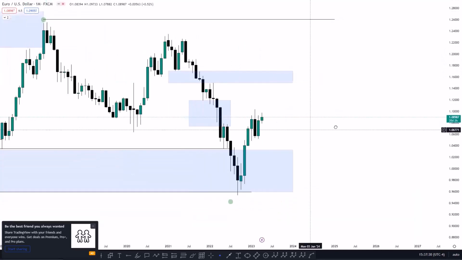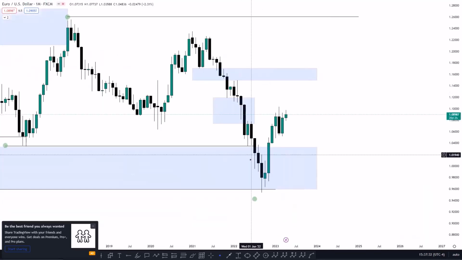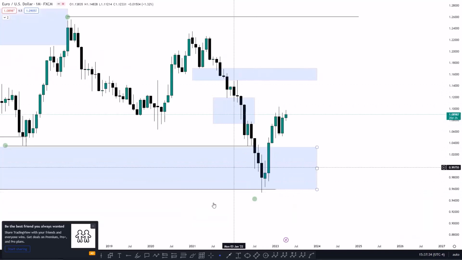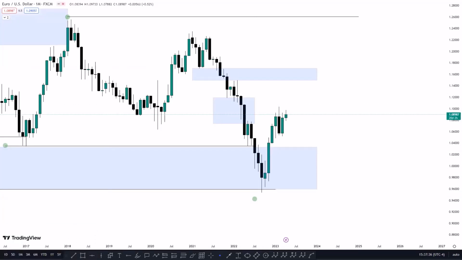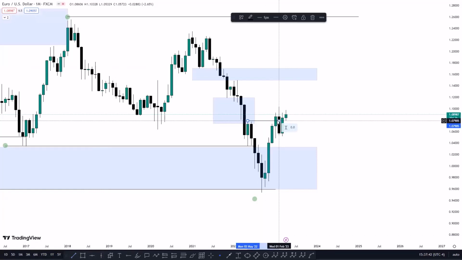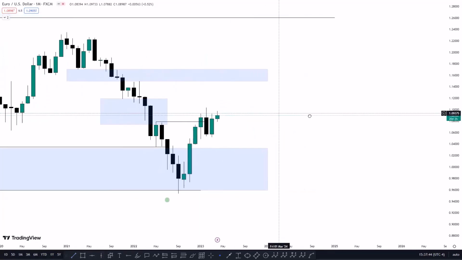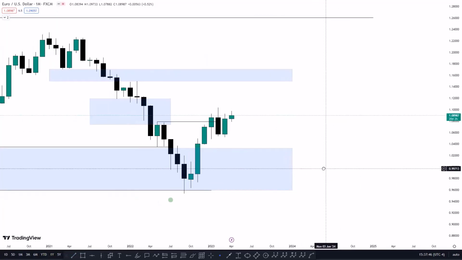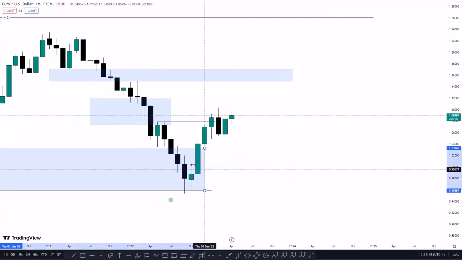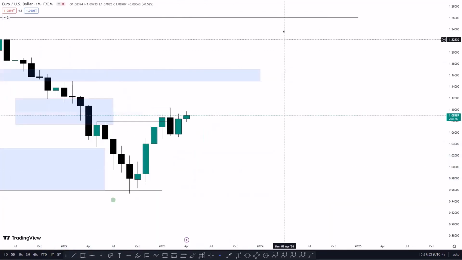So here, as you can see, the market was dropping down. We have a beautiful structure forming here. This structure was broken. So these are the higher time frame imbalances. They were filled.